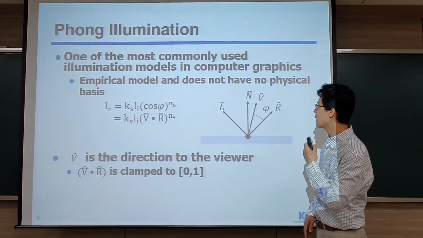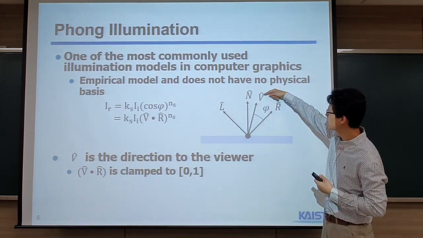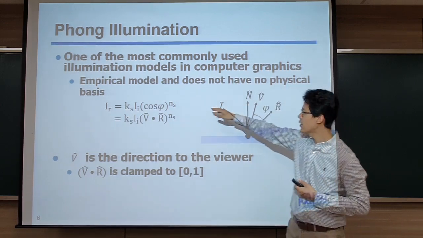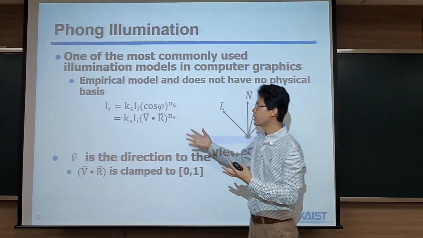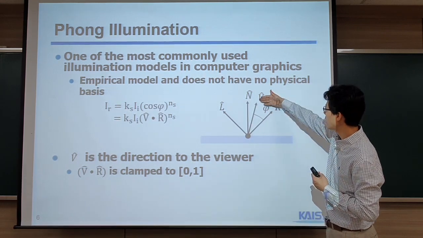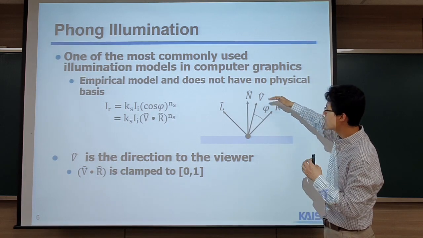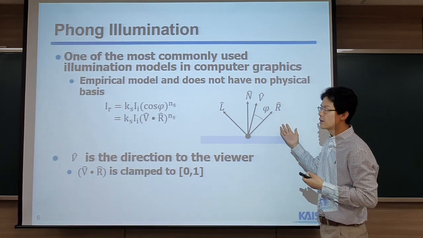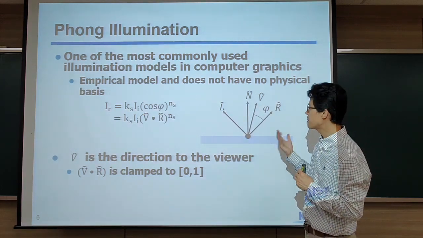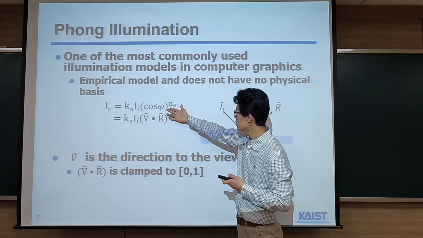When the view vector aligns with the R vector, this turns out to be the maximum value 1, so we reflect the maximum energy. But as the angle between the view vector and the R vector gets larger and larger, we get less energy. There could be a particular function describing that, but we simply use the cosine function.